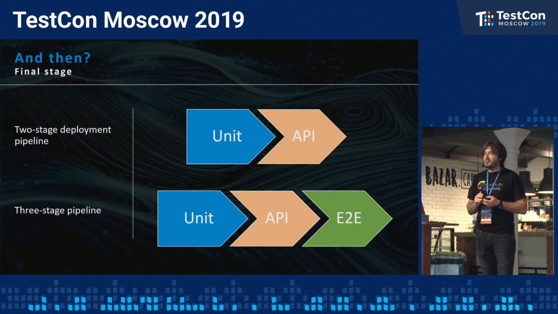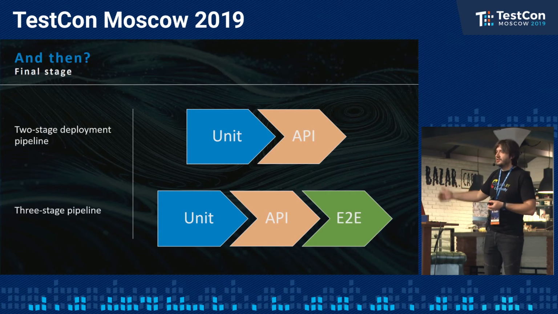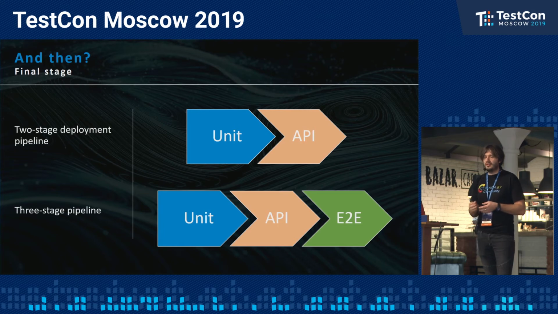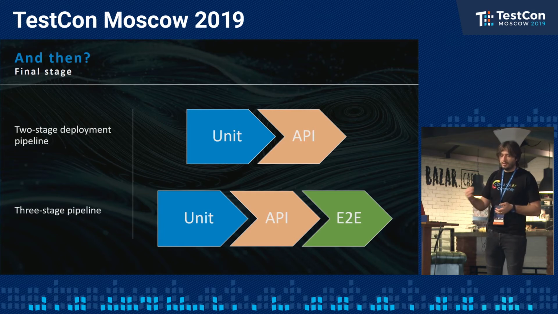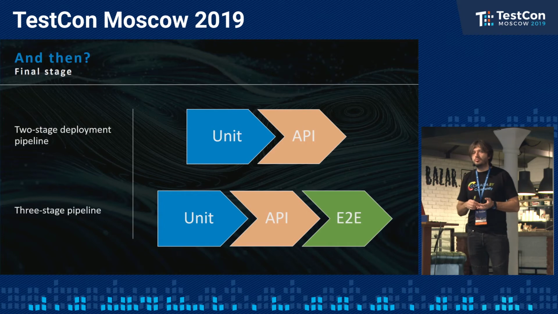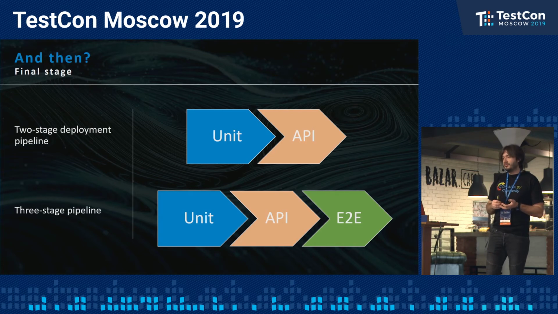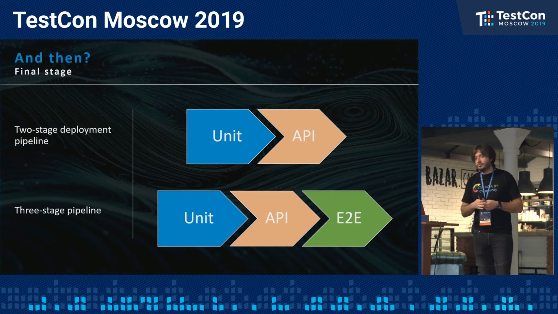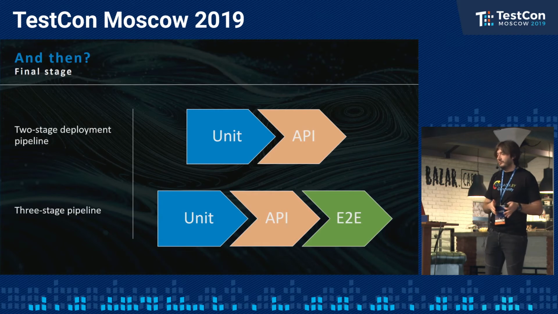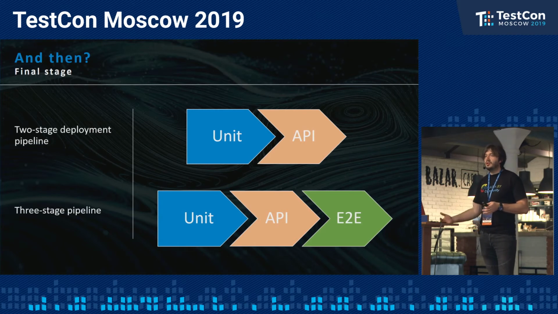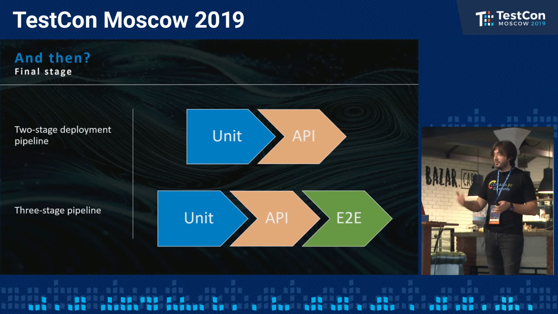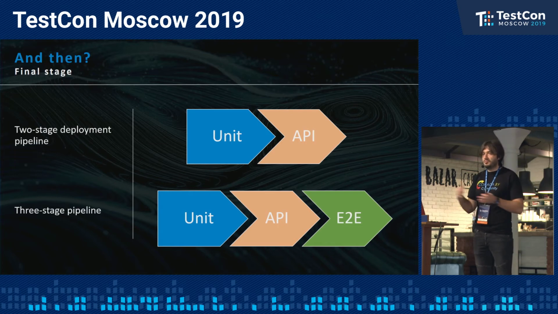So UI end-to-end scenarios don't have to be run in every deploy and every build, because if for every new piece of code you run all our tests, that would mean that the developer will spend most of his or her working time doing tests, which is not good. So we do it differently. We launch our unit tests, we run them, we redeploy, we do all the API tests, and if the tests fail, we don't move to the next phase.